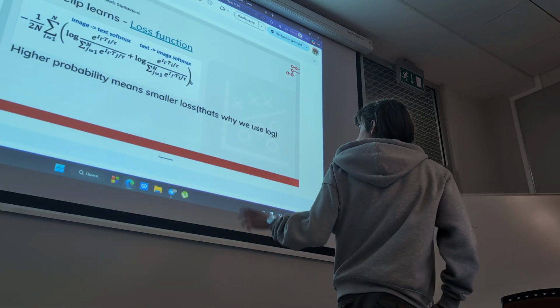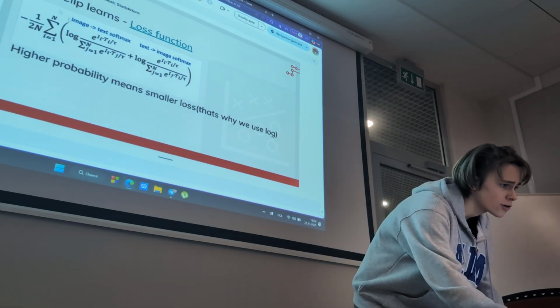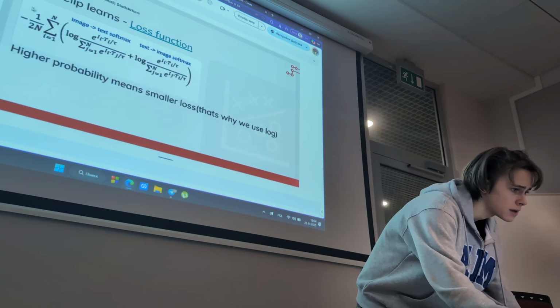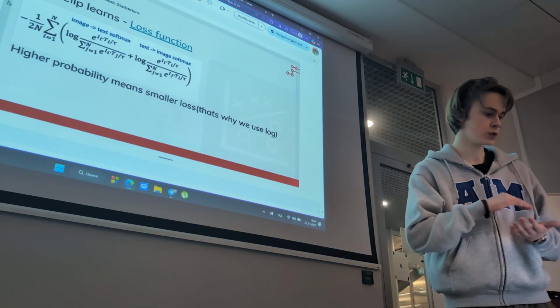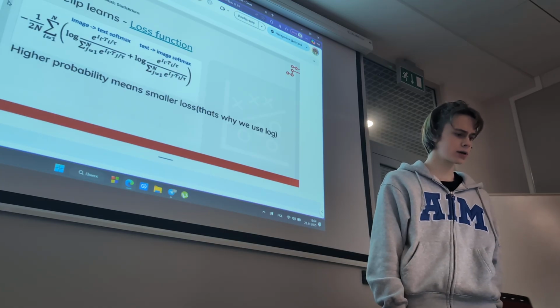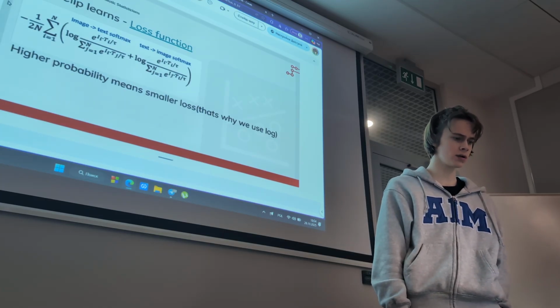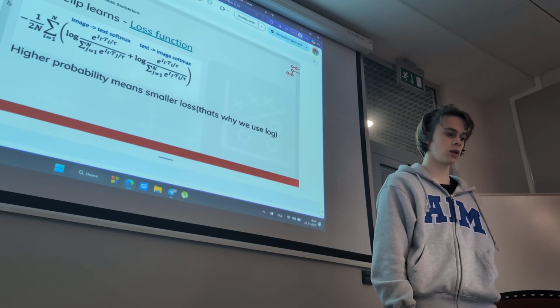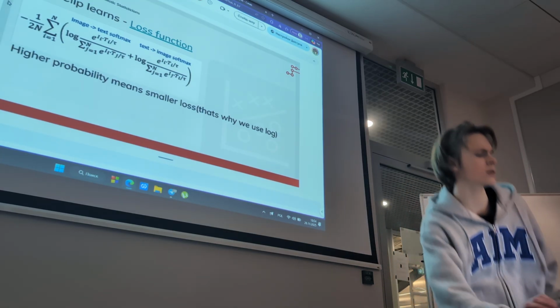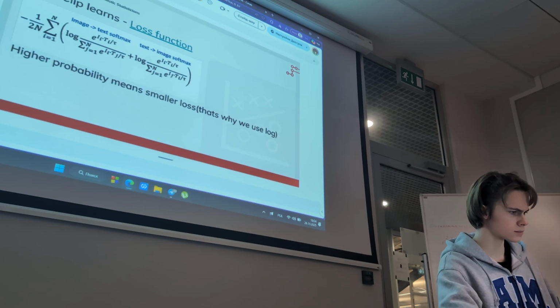We also divide here at the front by 2 because we have 2 values, and we should take the average loss, and we just take the log because higher probability means smaller loss. That's what I showed you in the video. That's basically why we use logarithm.